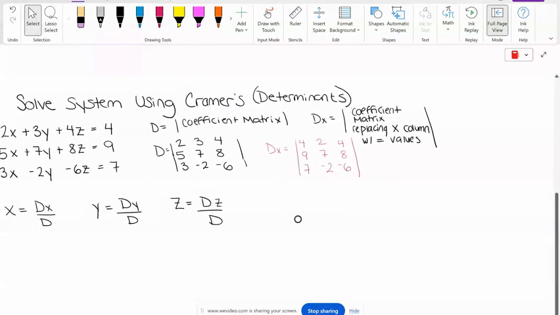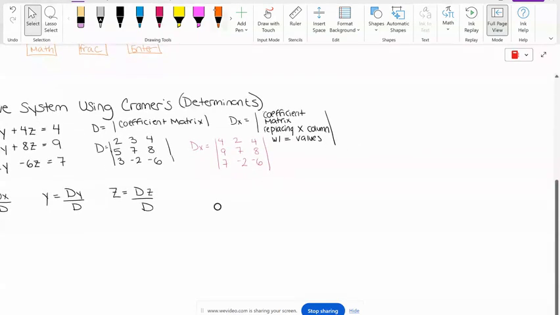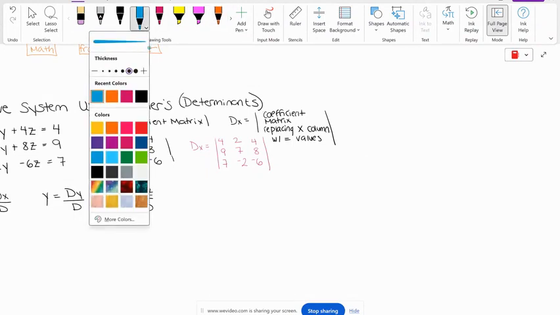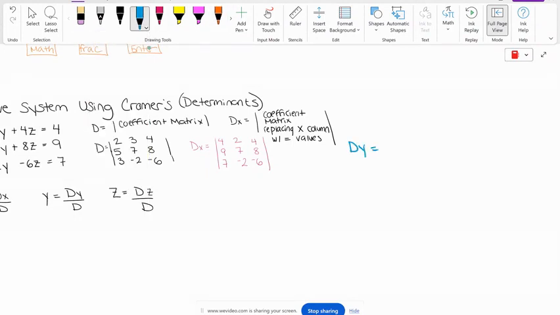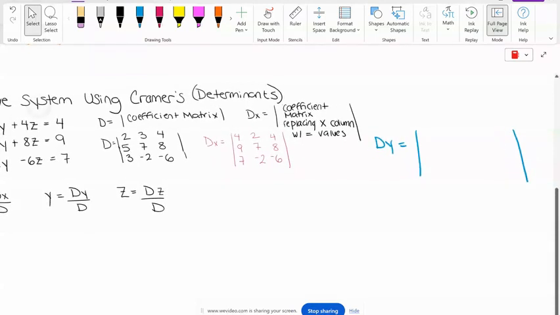What should I do now? Good. Now we're going to figure out D sub y. So for D sub y, we're now using the coefficient matrix, but this time what am I replacing?